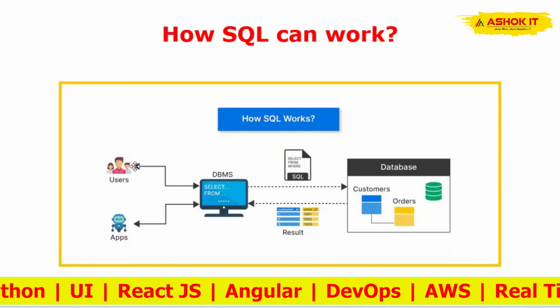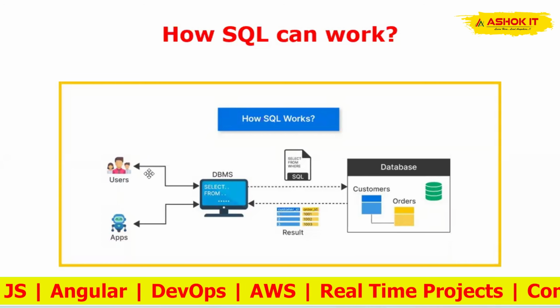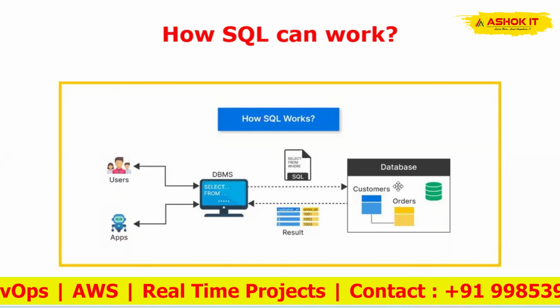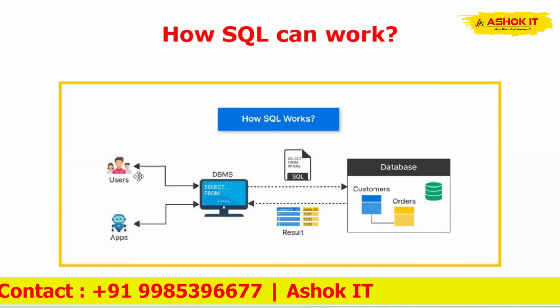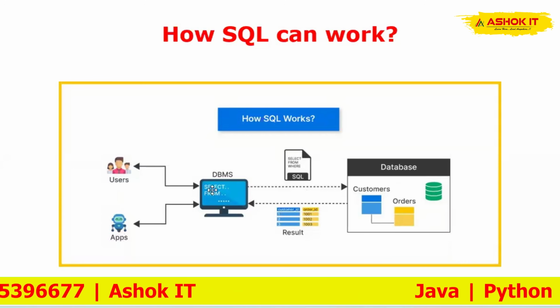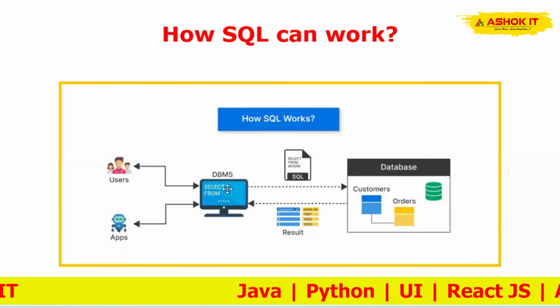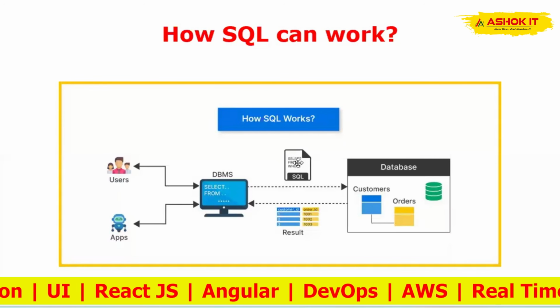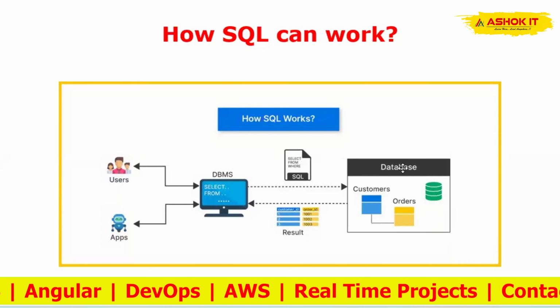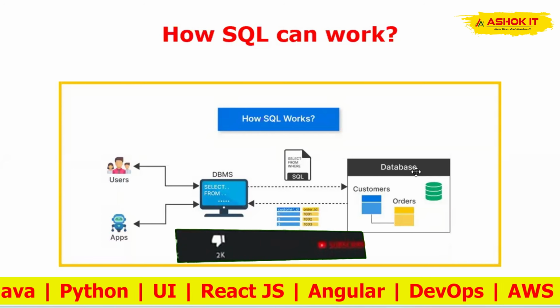When the user wants to retrieve any information from the database related to the application, the user can send the request to the DBMS. The DBMS uses a mediator language like SQL to send the corresponding query to the database.